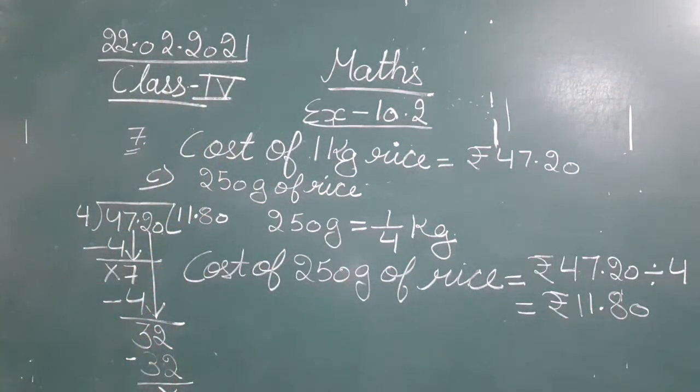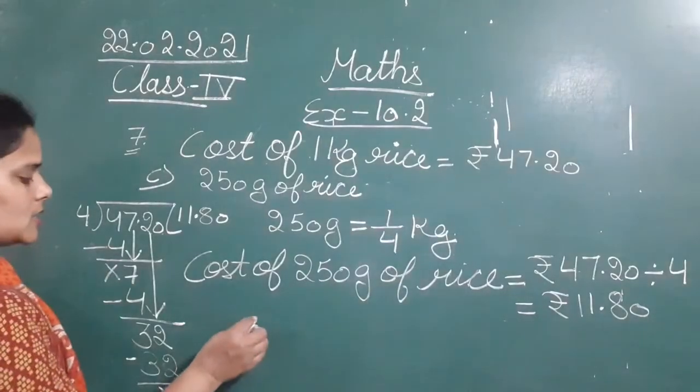So this is the cost of 250 gram of rice, 11 rupees and 80 paise. So that's what we will write in the solution sentence.